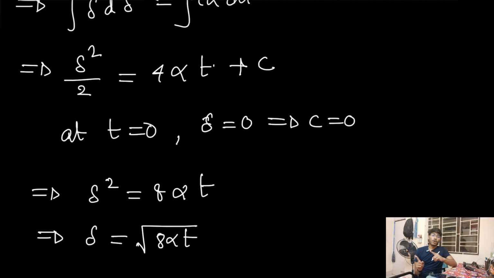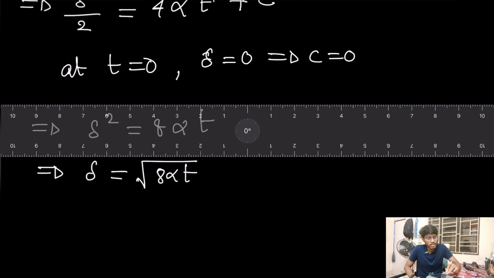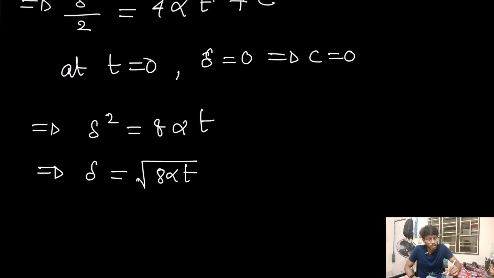We already got that my delta is of the order of root over of alpha into t, but here we got the exact constant also. Here we got this exact constant 8 also. So that was the power of order of magnitude analysis.